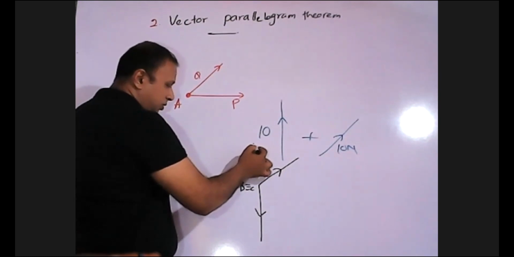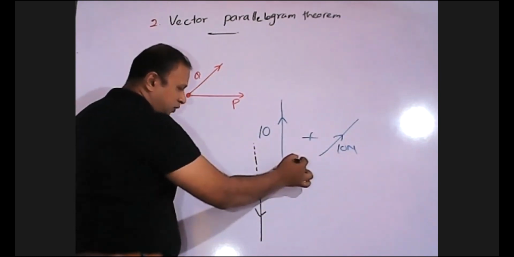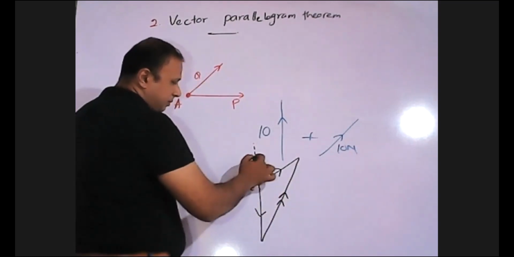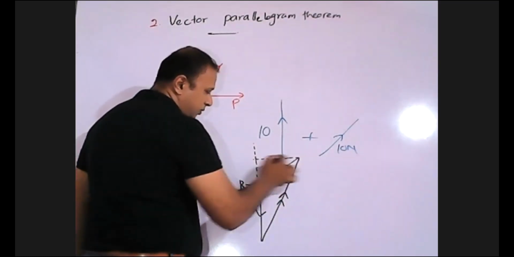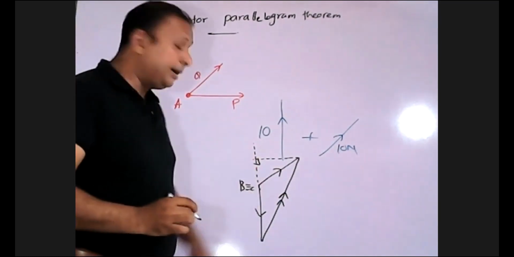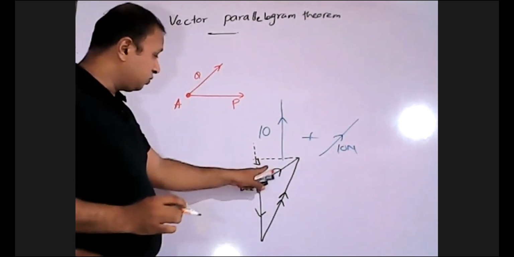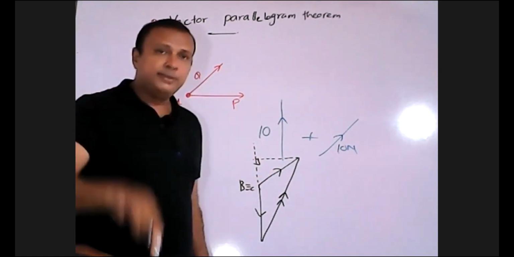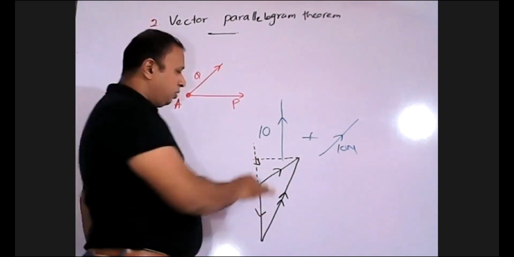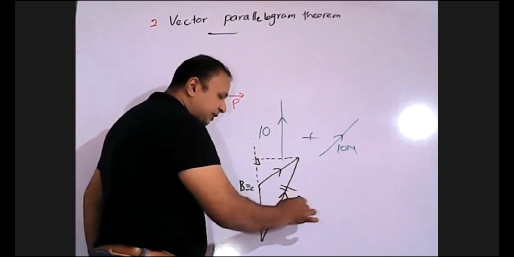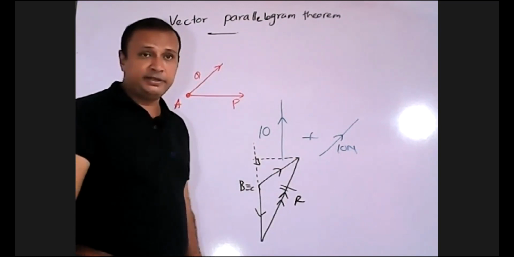Then what we have done here, you have constructed two right angle triangles, and using your geometrical and trigonometric knowledge, you have evaluated the magnitude of the resultant vector, no?